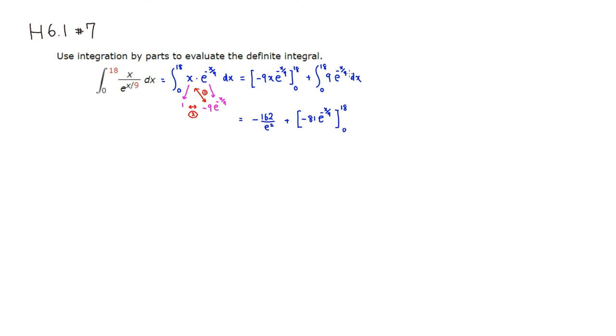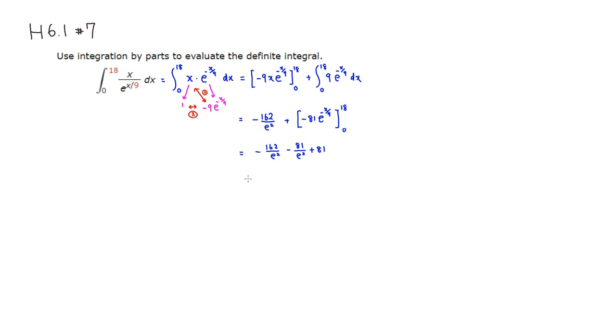So what you get is a negative 162 over e squared. Plugging in 18 here, you have a minus 81 over, again, e to the negative 2 power, so it's e squared there. And if you plug in 0, e to the 0 is 1, so it's minus negative 81, so it's a plus 81.